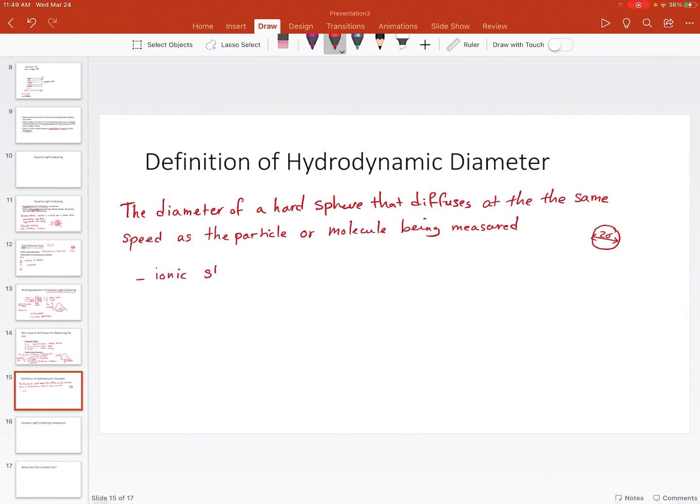A couple of them I'm going to mention: ionic strength, the surface structure, also shape. So let's talk about how the ionic strength of a particle will affect the size or the diameter of that particle.